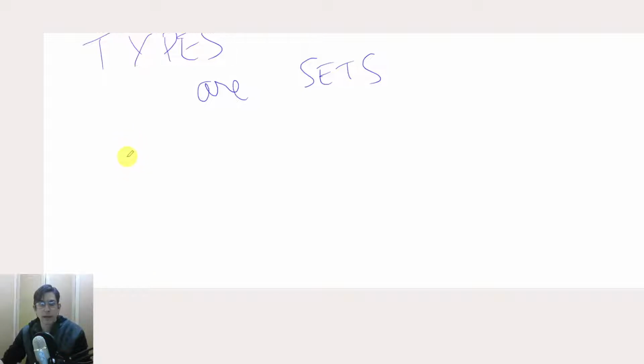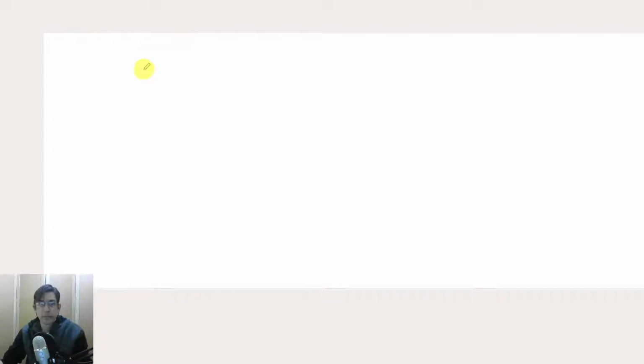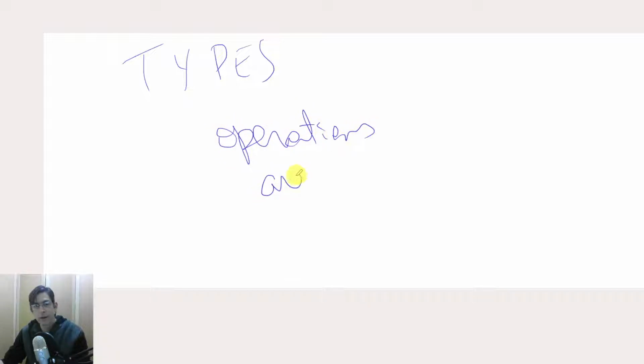So I could have a type called A, which contains only the even numbers between 2 and 10, or a type called Y, which contains the even numbers between 1 and 10, and so on. Of course, for programming, types are usually more concerned with the operations, and operations are functions.